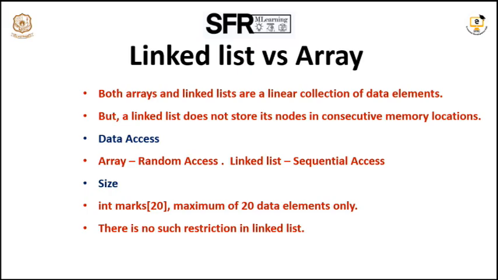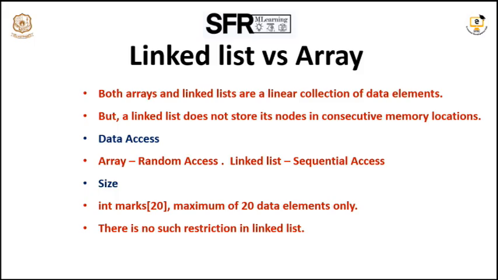But like an array, insertion and deletion can be done at any point in the linked list in constant time. Based on size, if we declare an array, for example int marks[20], we can store a maximum of 20 data elements only, but there is no restriction in the case of a linked list.